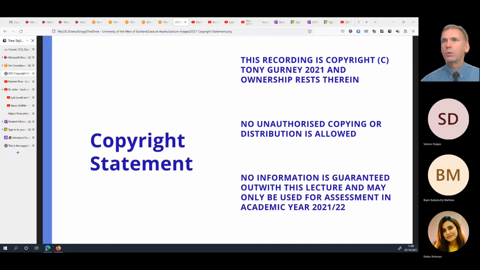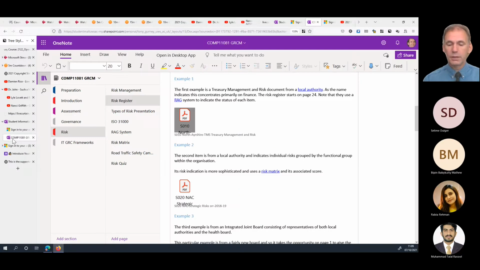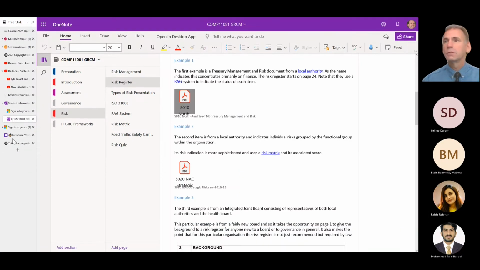Okay, so today I want to move on to the risk part of governance, risk and compliance. Hopefully you've all got into the swing of things now, in that you've gone ahead and looked at the presentation and the materials. Remember, there's a whole pile of materials on a OneNote notebook, linked from Teams, under module materials, and of course it's all on Moodle.